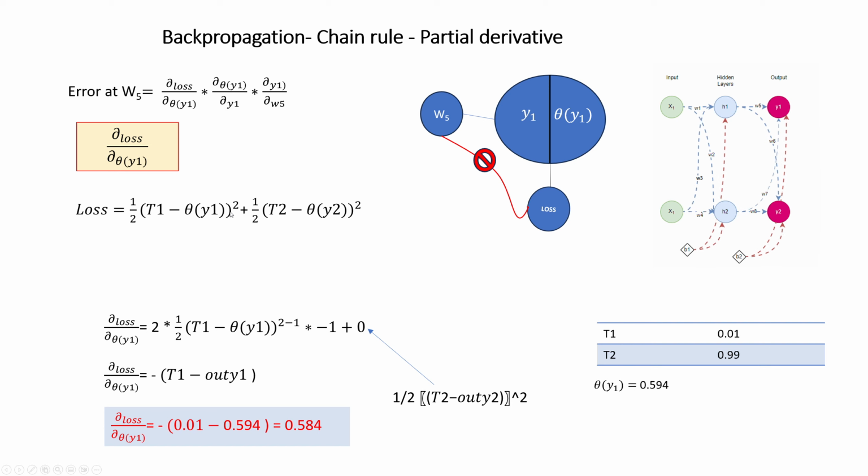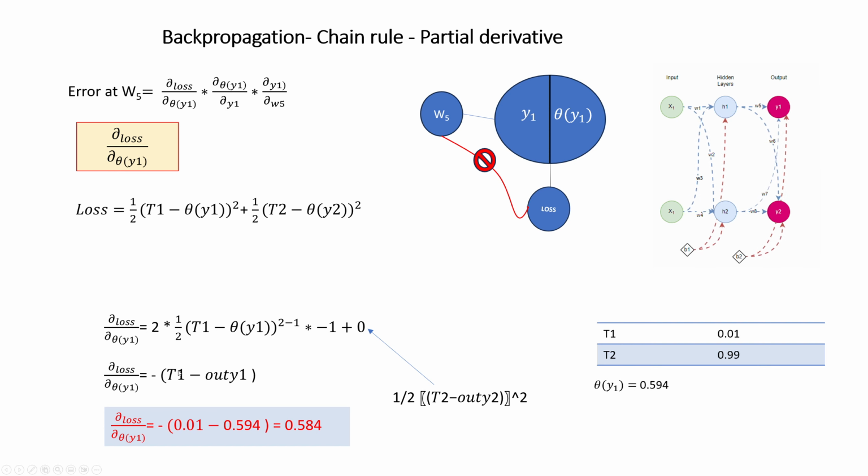Now for the derivative, just take the 2 outside, multiplied by 0.5. This is the equation, and you will see t1 minus the sigmoid of y1 to the power of 1, multiplied by the derivative of the sigmoid of y1, which would be -1. So now the 2 cancels with the 0.5, and I have only t1 minus output 1, multiplied by minus 1.